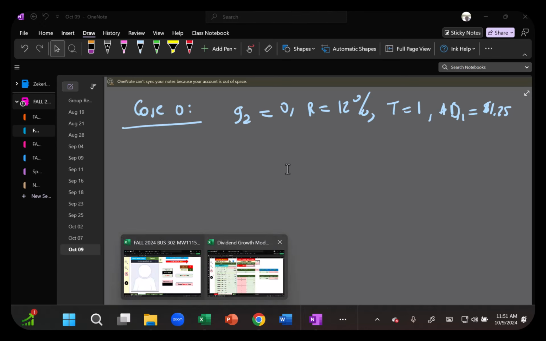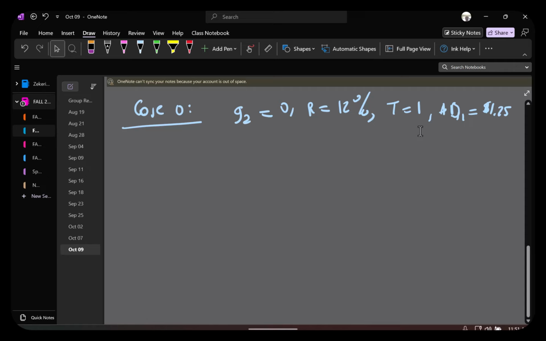Let me write it here first. In the DGM template, use R equals 12%.